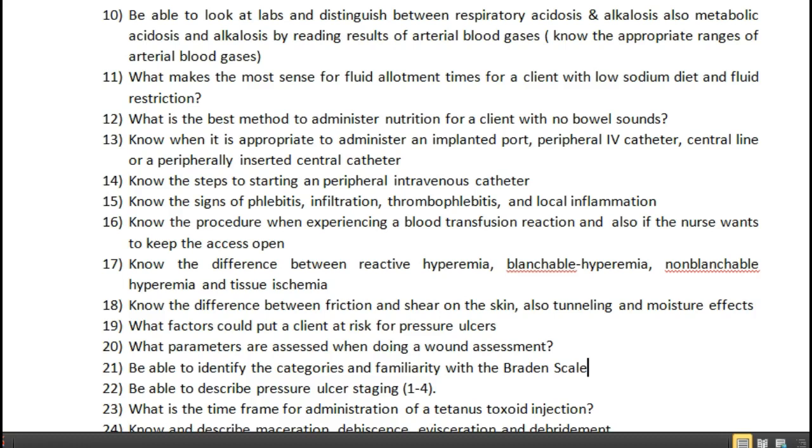A local inflammation is basically when the insertion site might be red or edematous. A lot of times that might come from people not using correct technique, or somebody getting ready to catch an infection because they didn't have it covered appropriately, or they're not really doing what they're supposed to do to take care of it.